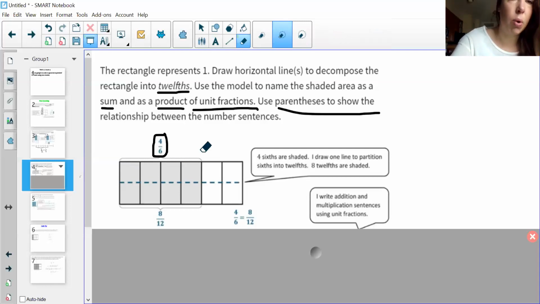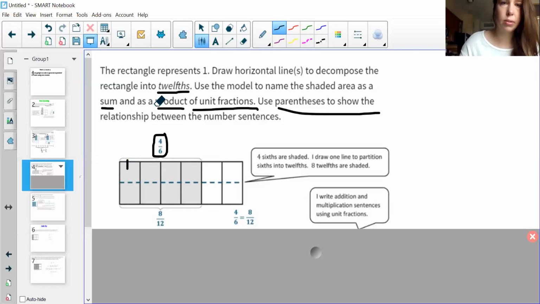So I'm just going to label one of them, because it's hard on this computer. But if I had the smartboard, I would label them all. So each one is 1/12, and they're grouped in groups of 2/12. Each shaded section here, or each 6th, is 2/12.